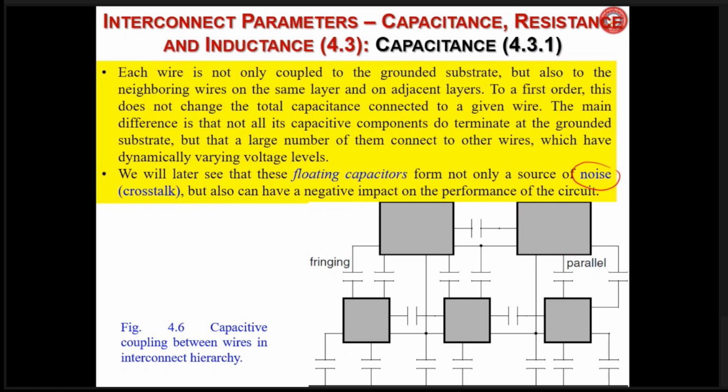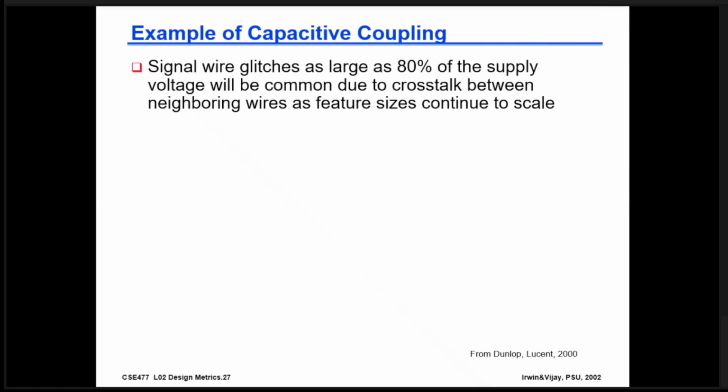In other words, they create noise. Signal wire glitches as large as 80% of the supply voltage will be common due to crosstalk between neighboring wires as feature sizes continue to be scaled down.